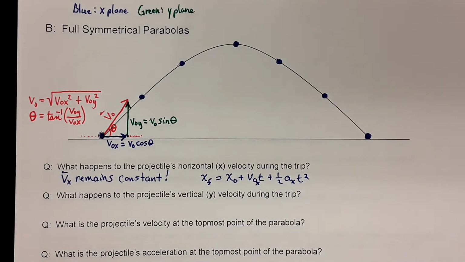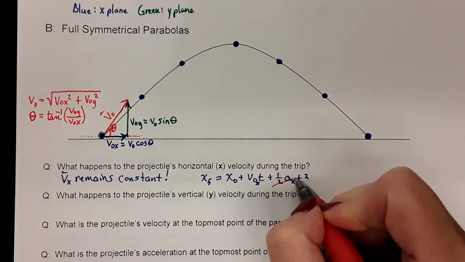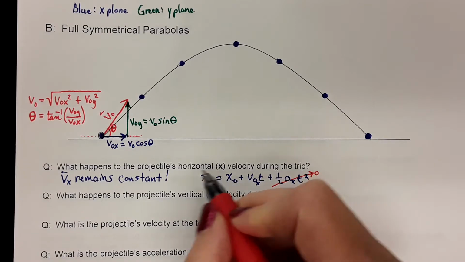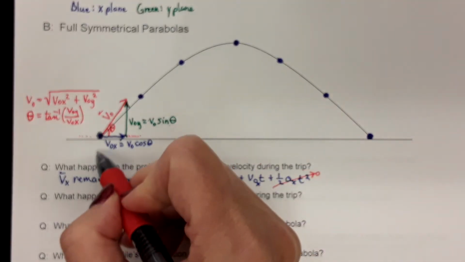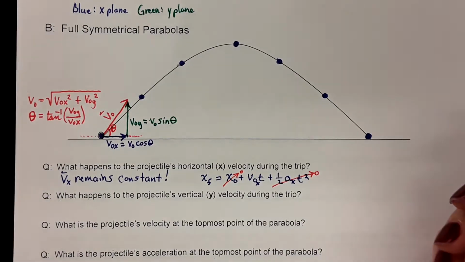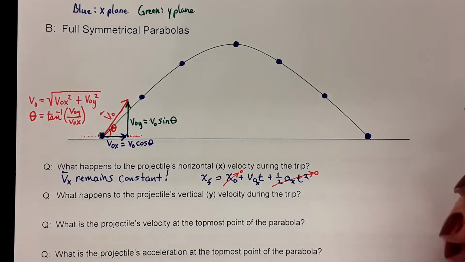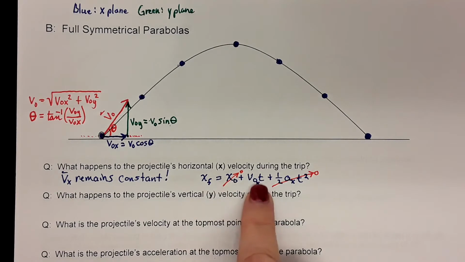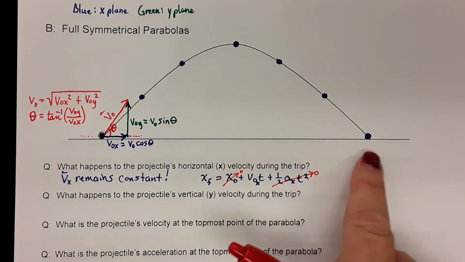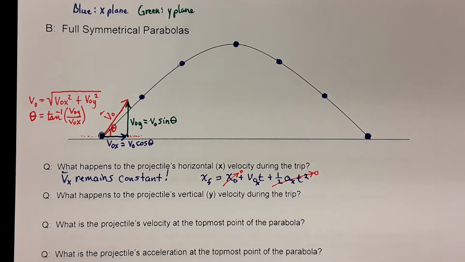But as you know, the horizontal acceleration is 0, so that drops out. And if we take the initial position where the ball starts horizontally to be 0, because we usually start measuring distance at 0, then we get the constant velocity formula. Our final position, or the distance we travel, is equal to v sub ox times t.